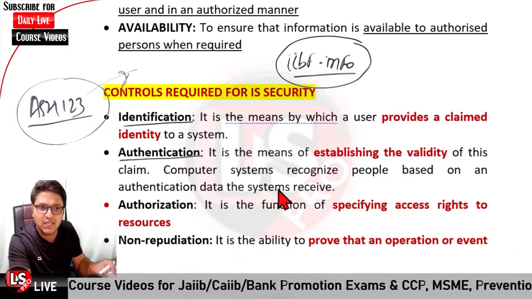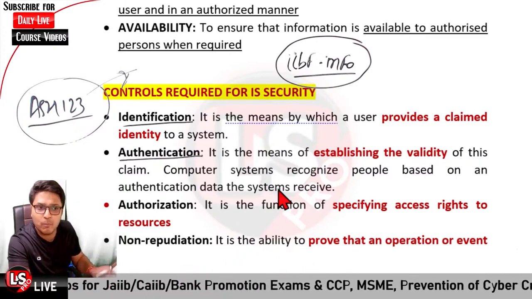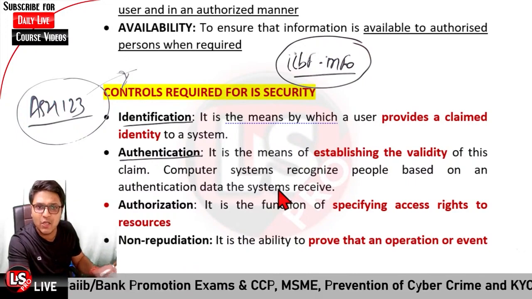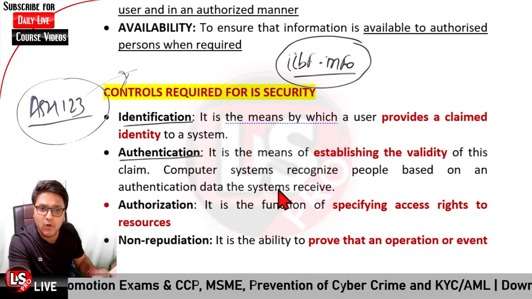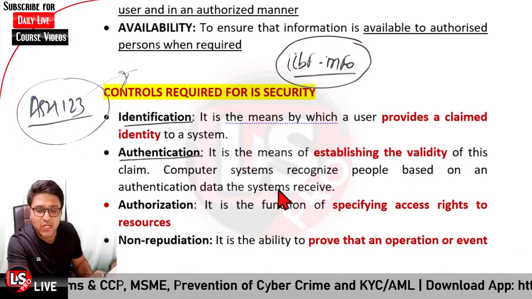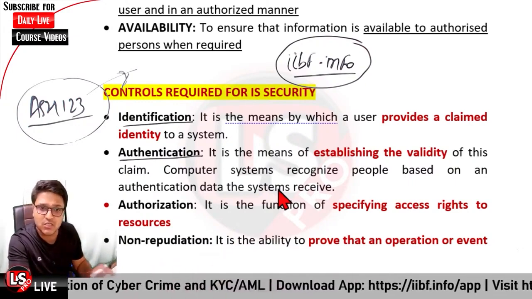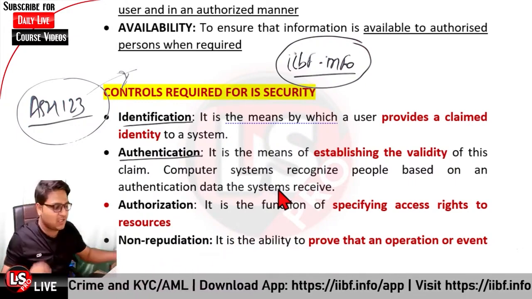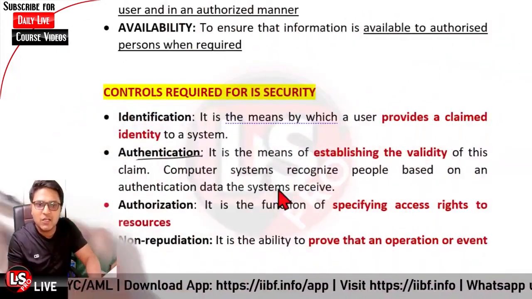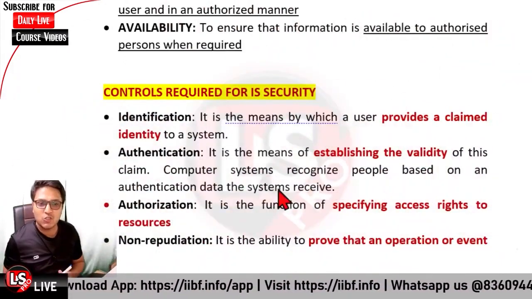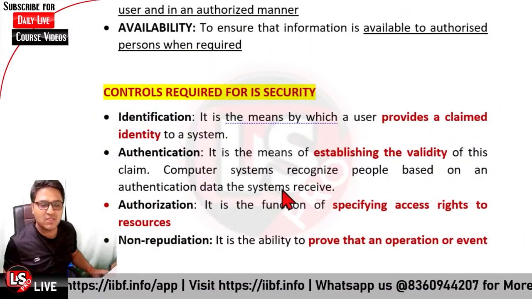In that case, there must be some method to prove that the operational event was performed by you, and that is done by way of digital signatures. That is non-repudiation, and it is also a control required for information system security.